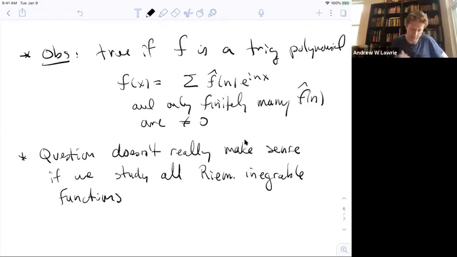Or the question of pointwise convergence doesn't really make sense if we're thinking about the Riemann integral.